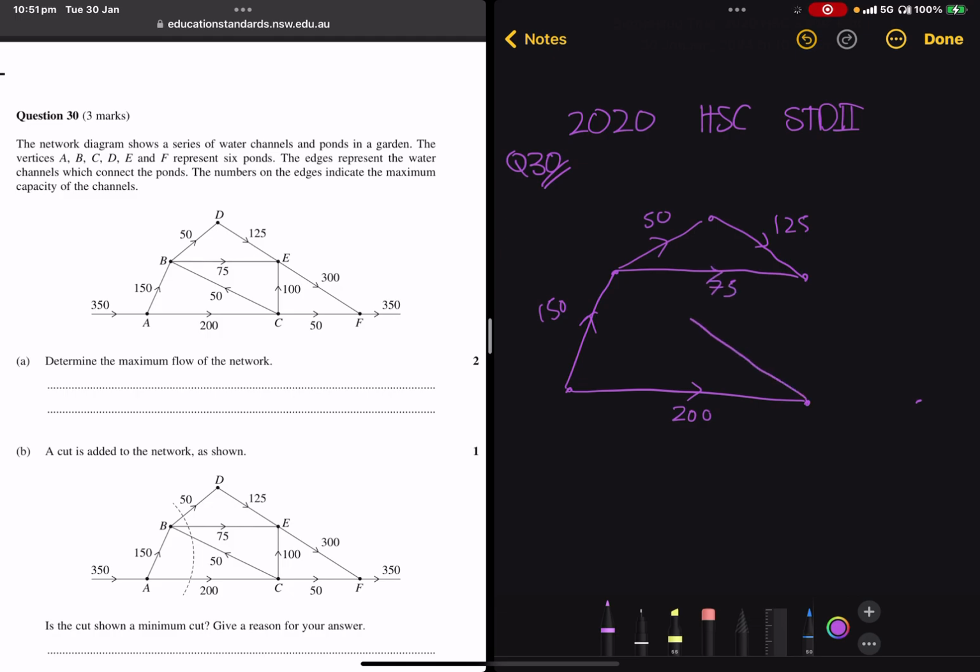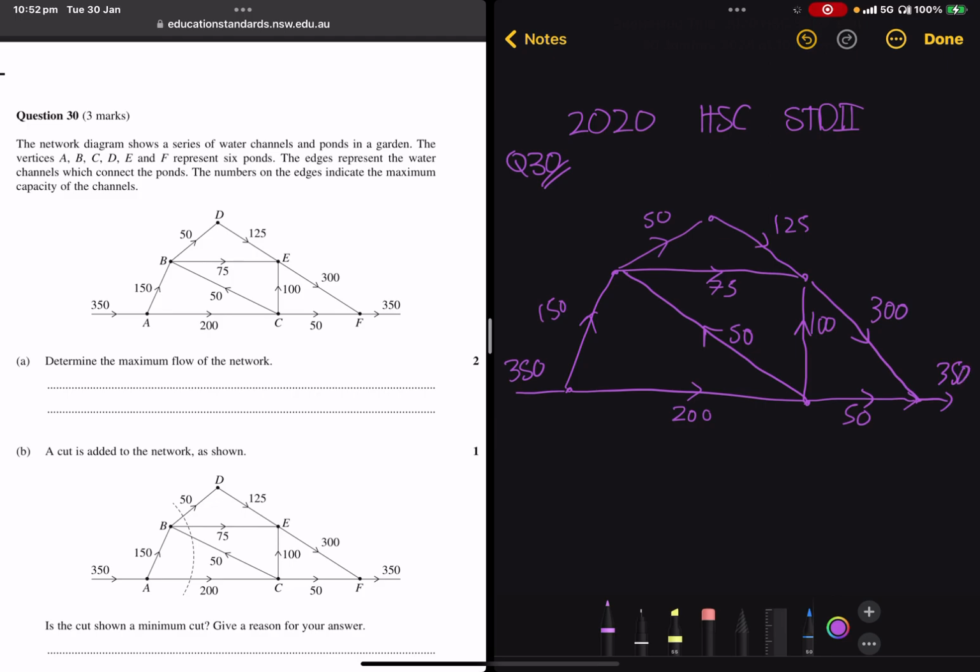We've got one going sort of backwards up this way. This is 50. One going up here. This is 100. This one is 50. This one is 300. And the one coming in is 350. And then the one going out is 350.